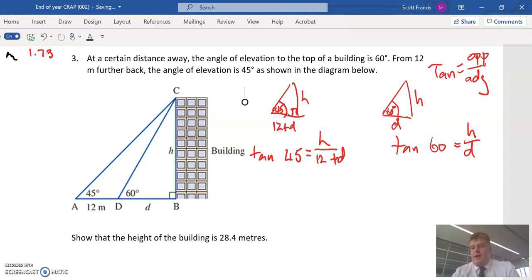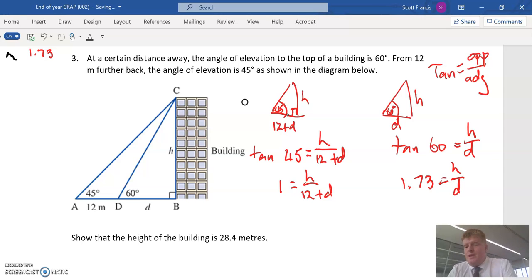Now we can calculate both of these. Tan of 45, I happen to know, equals 1. So 1 equals H divided by 12 plus D. And tan of 60 is 1.73, so 1.73 equals H divided by D. Now we want to put together these two equations and substitute into them.